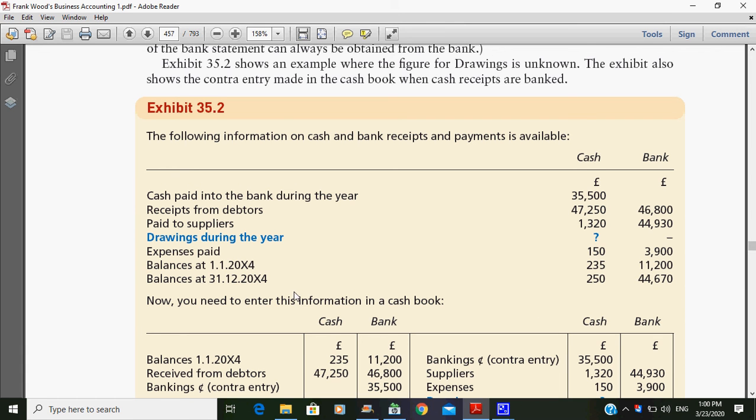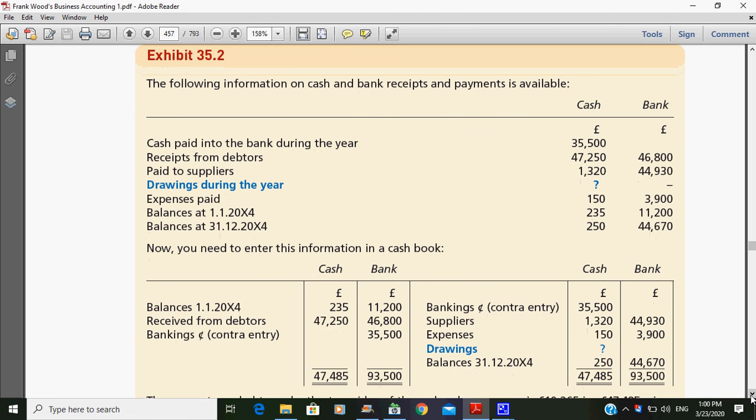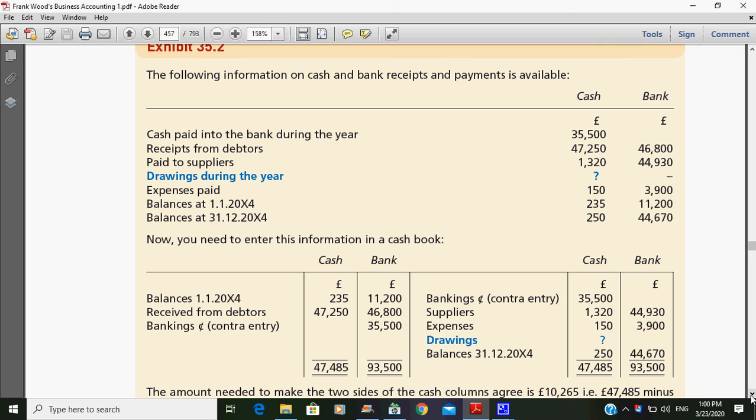Anyways, first thing is first. Balance for 2004 beginning, which is 150 for cash, 11,200 for bank, which is entered right here. Then you have cash paid into the bank during the year, which is the contra entry here.